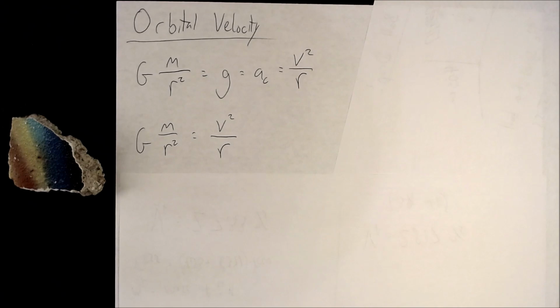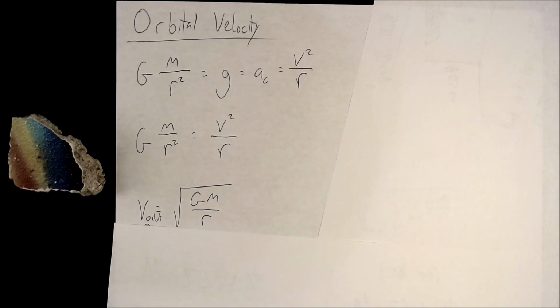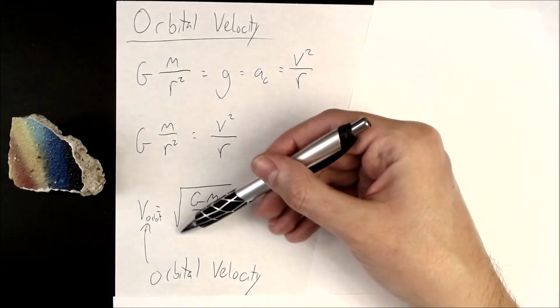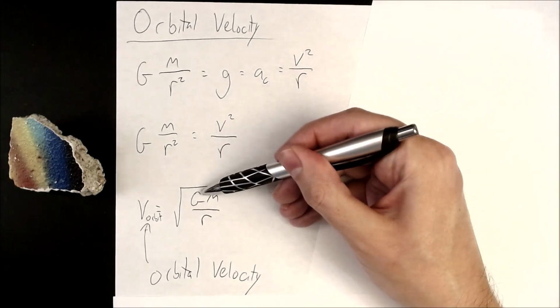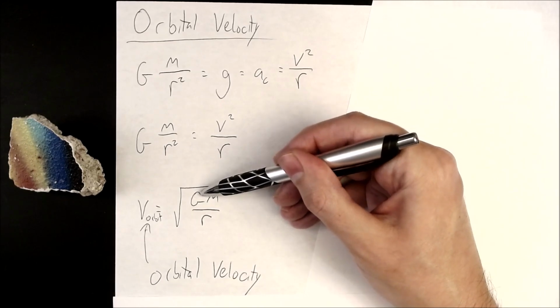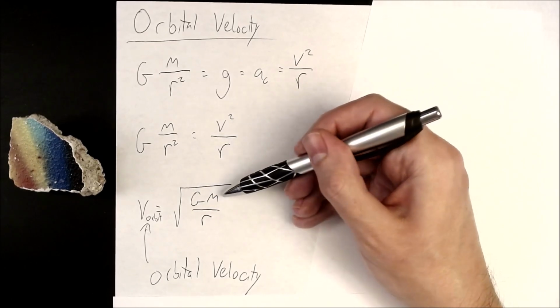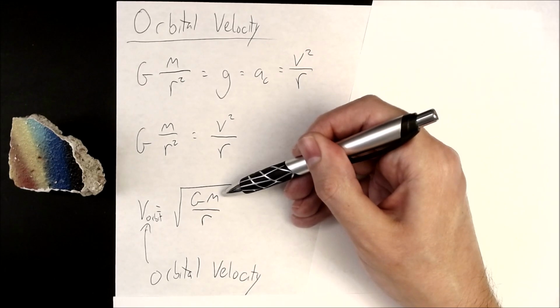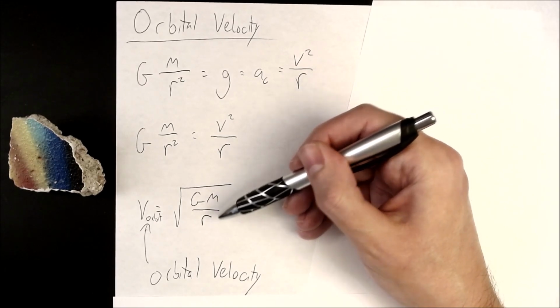And if we want to solve for the velocity that you need to be in orbit, we can do that very quickly. We get the orbital velocity being the square root of GM over r. Orbital velocity is the square root of GM over r. G, Newton's gravitational constant, 6.67 times 10 to the negative 11. M, the mass of the Earth, 5.97 times 10 to the 24 kilograms.